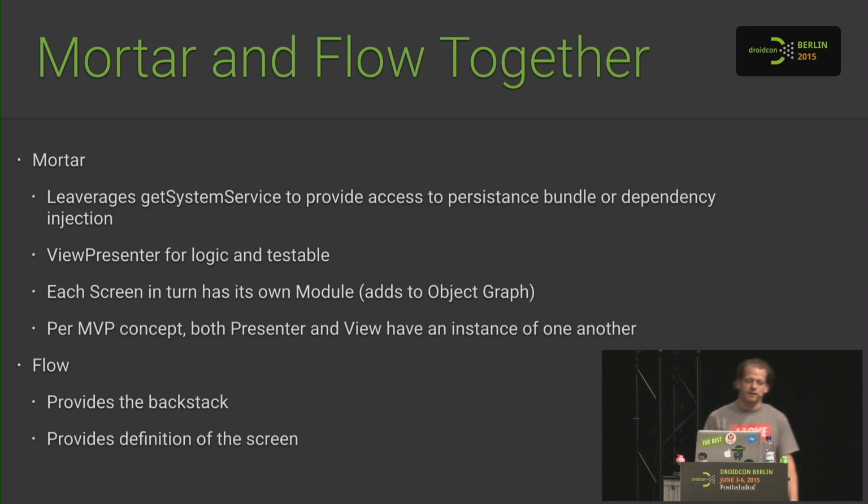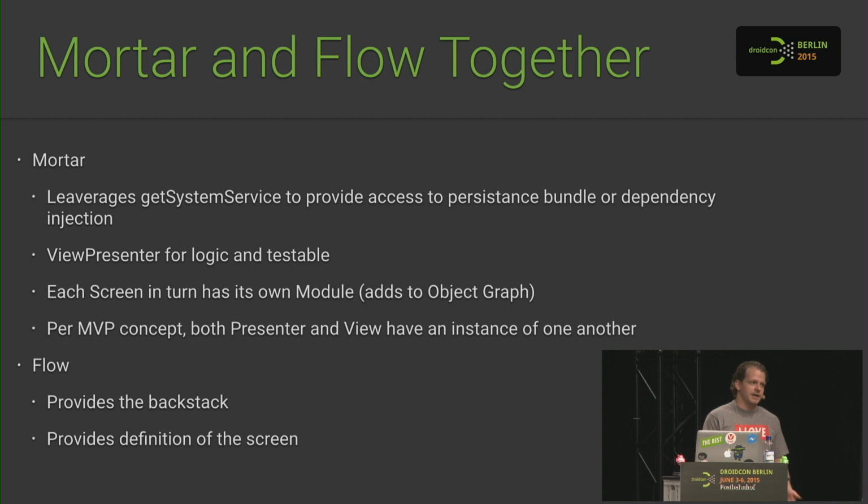So now when we look at combining Flow and Mortar together, they don't necessarily have to be used together, but Mortar without Flow is not that useful. So both together really provide a nice package. So again, Mortar leverages getSystemService to provide access to the persistence bundle as well as dependency injection and whatever else you wanted to hook in there.